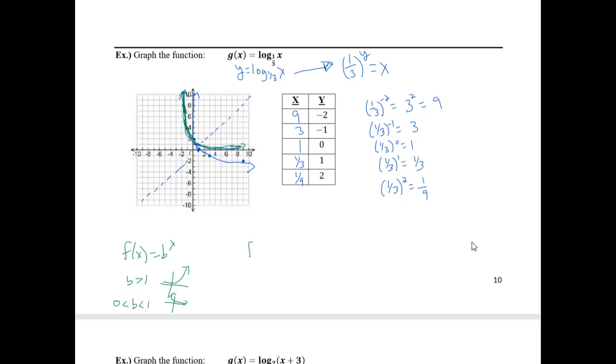And if we have a logarithmic function where the base is greater than 1, it will have this general form coming up from left to right. And if it's between 0 and 1, so a fraction, it'll be coming down from left to right. And that's the general, so without any shifts or anything, that's what's going to happen.